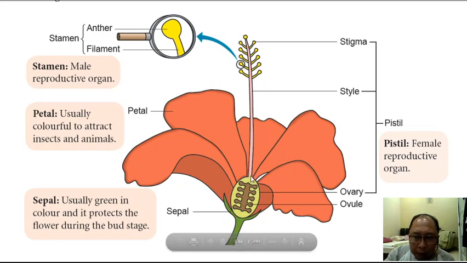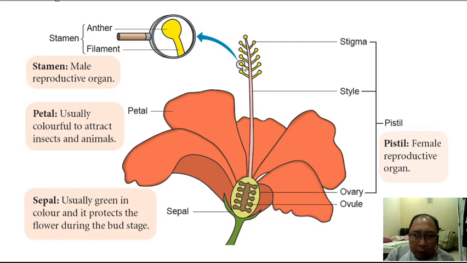Next, inside at the center of the flower is the ovary, and inside the ovary is the ovule. On the top part of the ovary is the style, and at the top part of the style is the stigma.